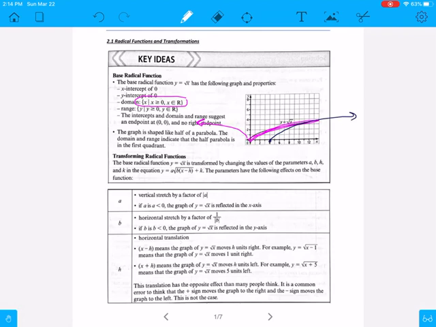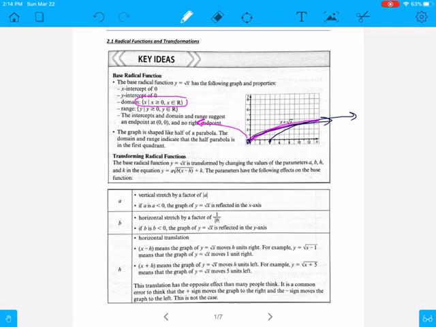So my domain is fully based on my horizontal translations. If there's a horizontal translation, it'll be greater than or equal to that. And if there's a reflection, it will be less than or equal to that. Your range is always y is greater than or equal to 0, unless you have a reflection in the x-axis.